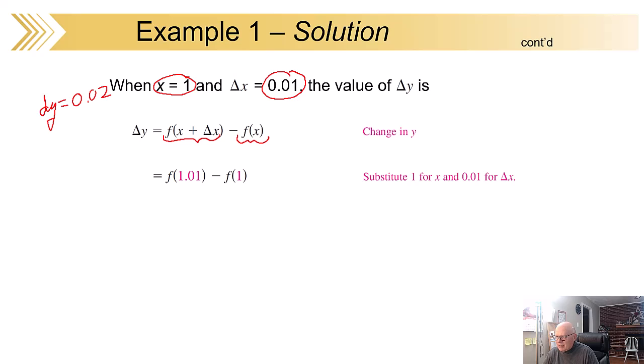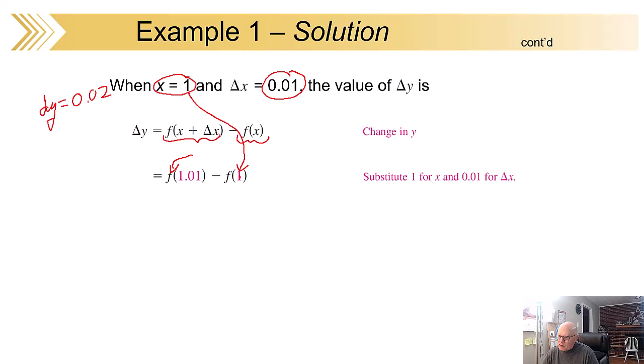Well, first of all, take the easy part. X equals 1, f of x is just f of 1. We're going to find that easily. Now what's this other thing? Well, this says x plus delta x. X is 1, delta x is 0.01.